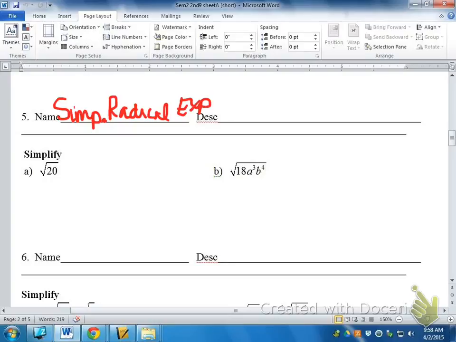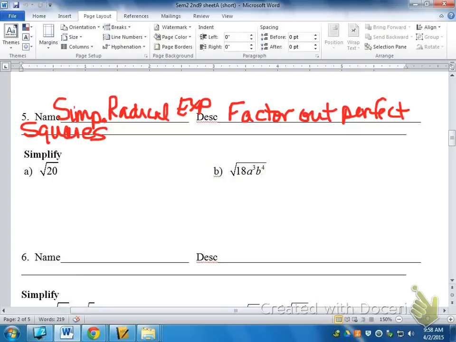And basically what they want us to do is to factor out perfect squares and then bring perfect squares out as square roots.